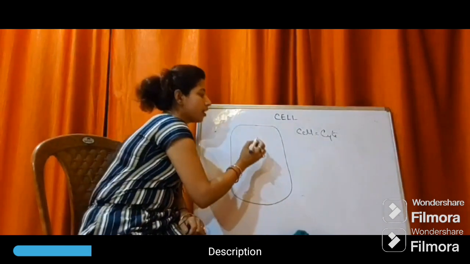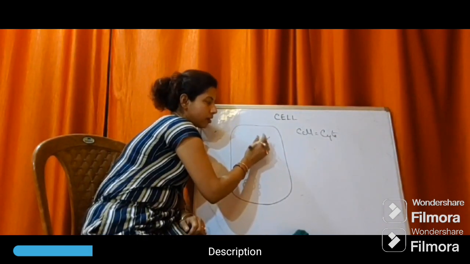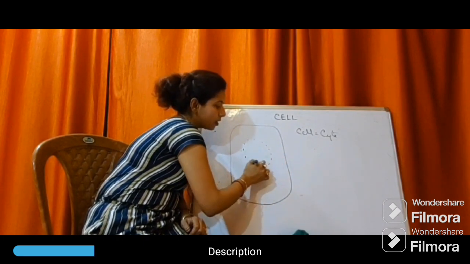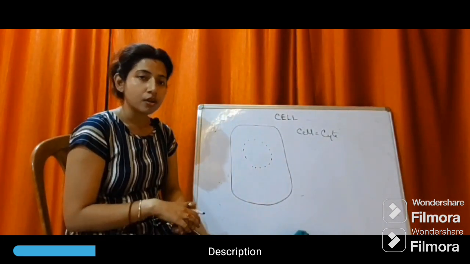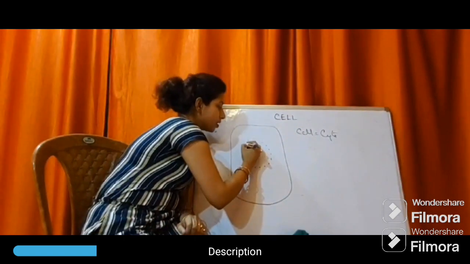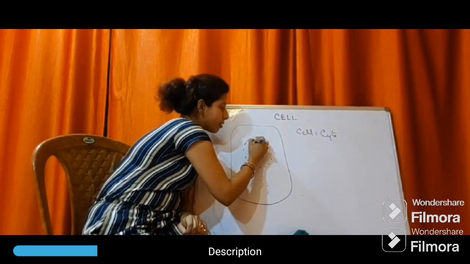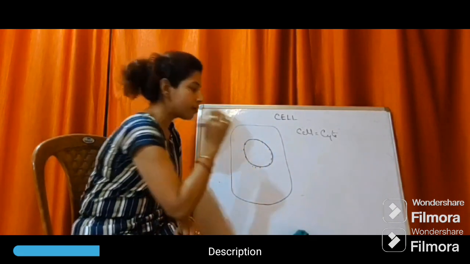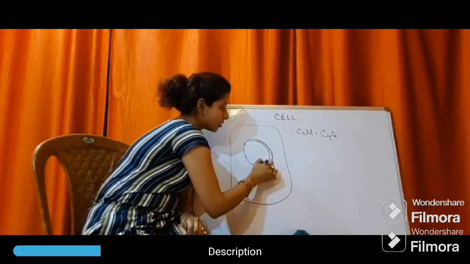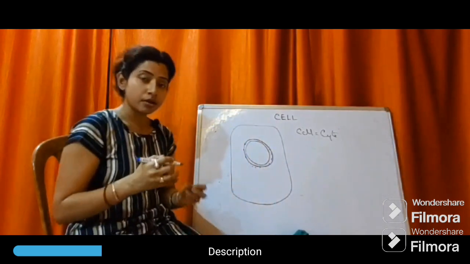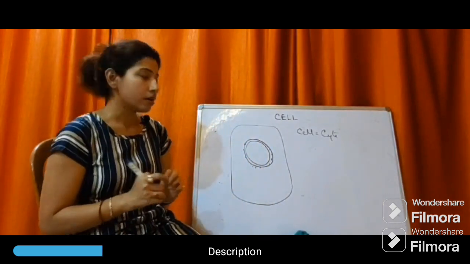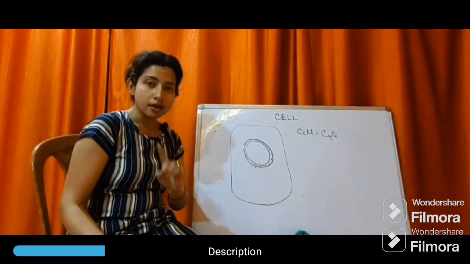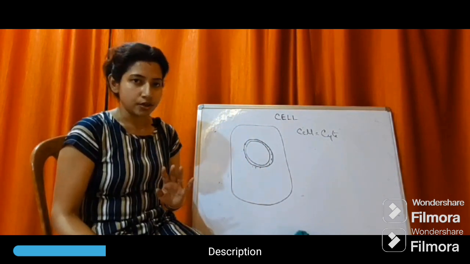Right? The main organelle inside a cell is the nucleus, more or less round in shape, but this nucleus is double membrane bound. This is a single membrane and this is a double membrane. But we have to remember that this nuclear membrane is not continuous. There are several discontinuities.